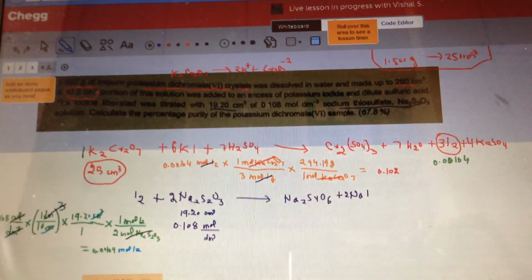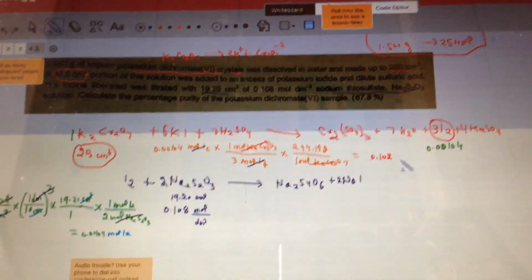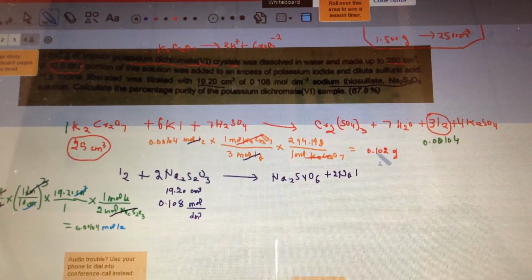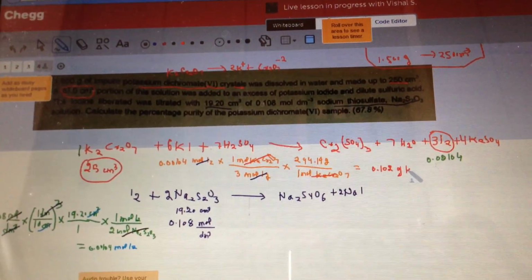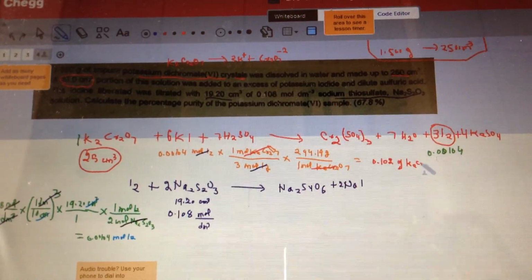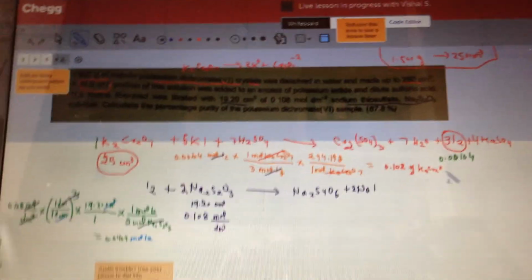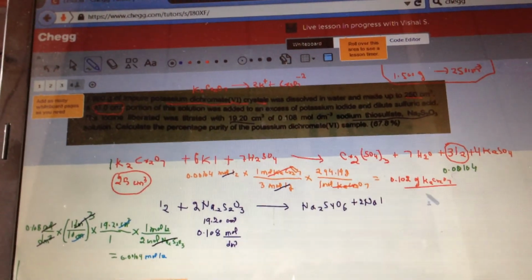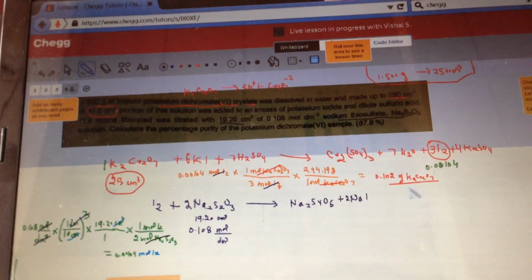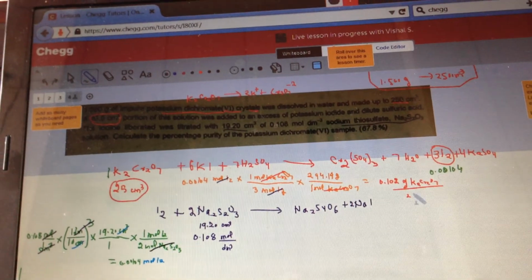So whatever we get here, 0.102 grams of K2Cr2O7, that's in 25 centimeters cubed.